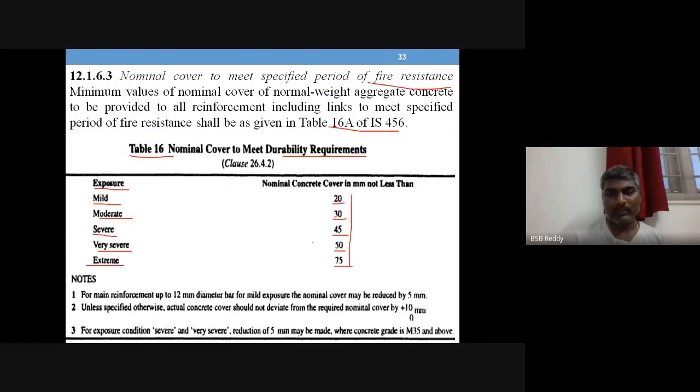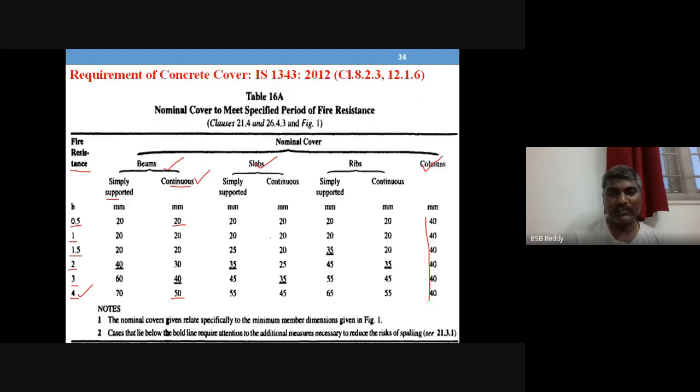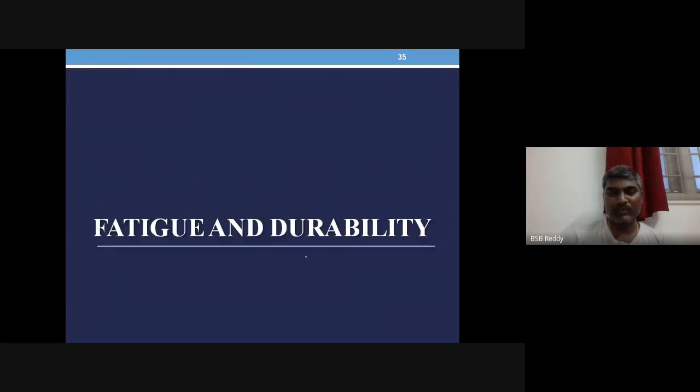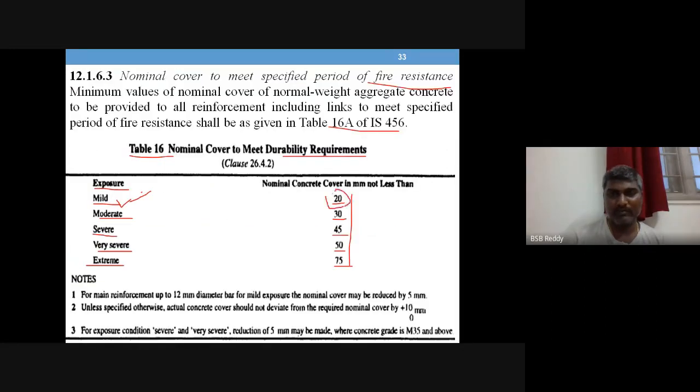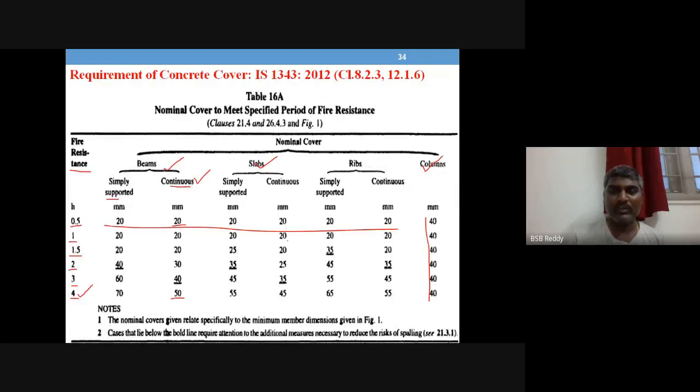Durability requirements are clear according to exposure. From the fire resistance point of view, finally a minimum of 20 mm clear cover is always required, in any case.